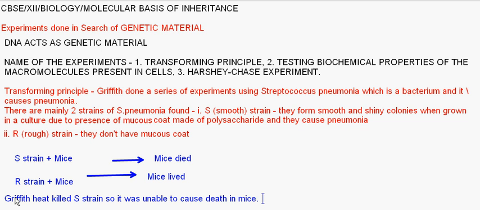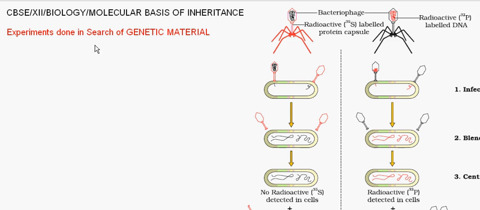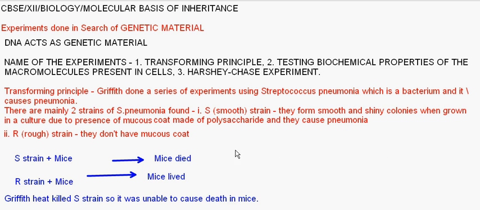Now what he did next, he applied heat killed S strain plus R strain plus mice. Now this S strain is heat killed and this R strain is live.